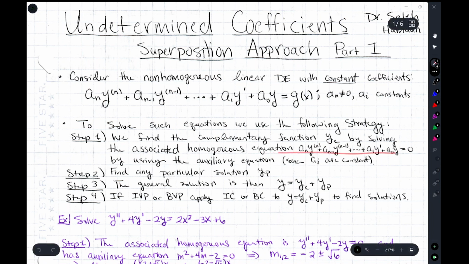And how will we solve that? Well, it's a linear differential equation with constant coefficients, so we'll do this using the auxiliary equation as we've done before for the homogeneous equations.